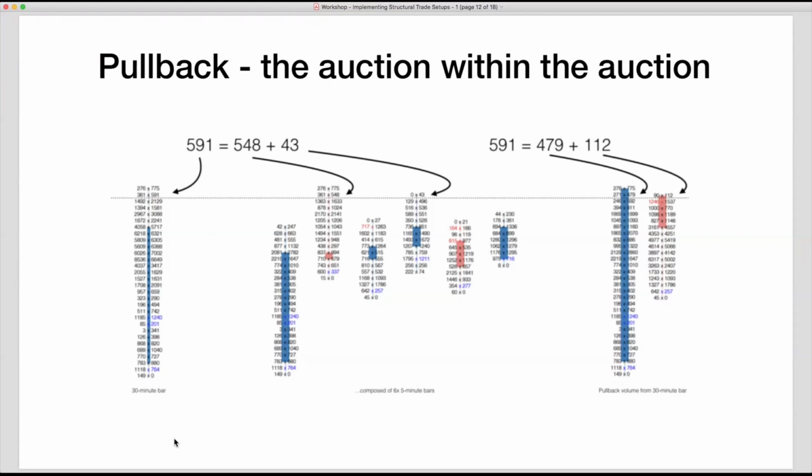So you can see the price level, the second price level to the top at the pullback, the print is 90 by 112. So what this is capturing is that after we traded up, as we tick down by one tick and maybe wiggled around, after that very topmost print, 90 contracts hit the bid, 112 contracts lifted the offer.